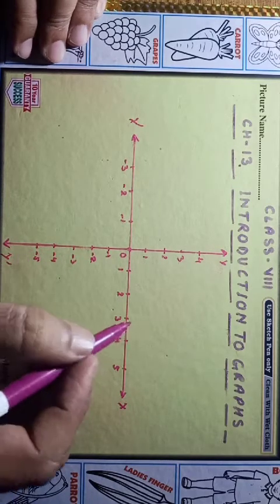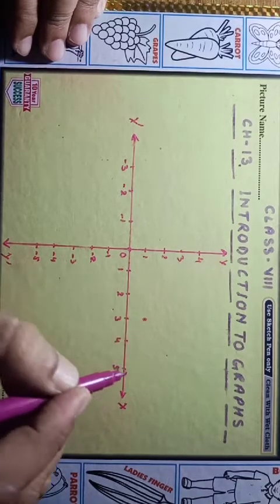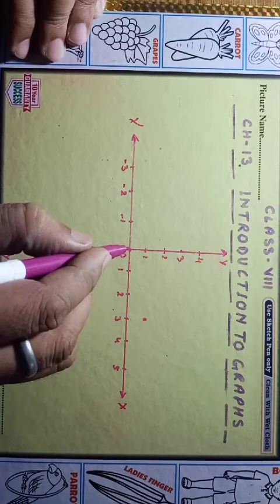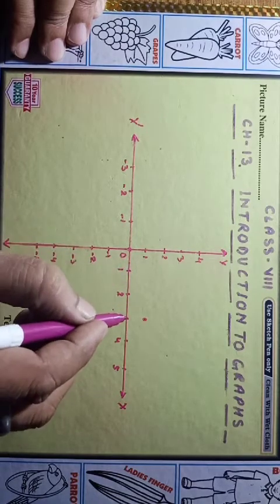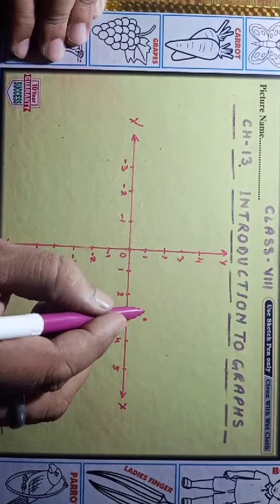Suppose a point is here. First we go to the x-axis: 1 2 3, and on the y-axis the point is in front of 1.